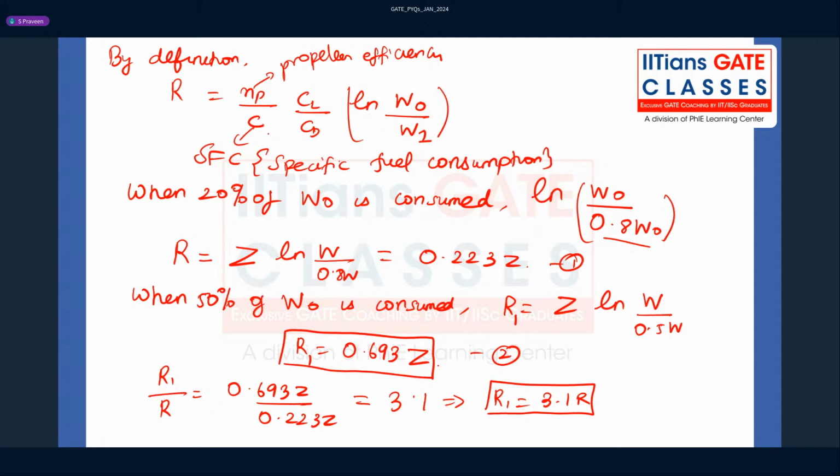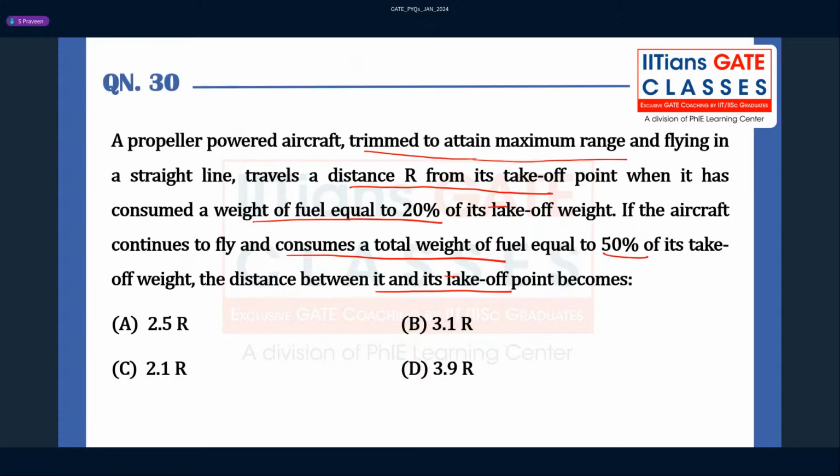We keep all these parameters constant and replace them by a constant Z times the logarithm of W by 0.8 W, and that will give you a value of 0.223 Z. Now, when you consume 50% of the weight, my distance becomes Z times ln of W by 0.5 W, which turns out to be 0.693. If I divide these two, you'll get a value of 3.1, and that is basically the total distance. So my answer is 3.1. Hope you guys don't have any doubts in this. Let's go to the next question.